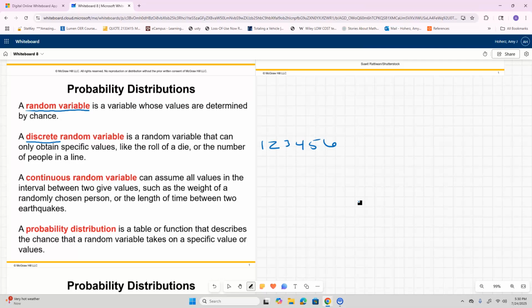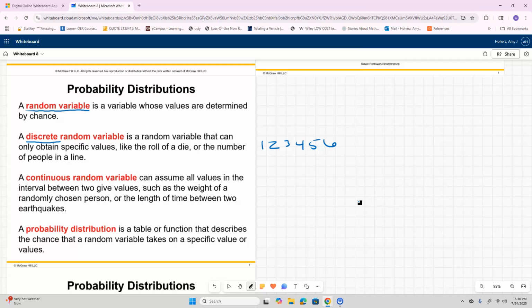It's any whole number from 1 to 6. So discrete meaning, as we talked about in Chapter 1, like a counting number. Again, with the probability distributions, it doesn't necessarily have to be a counting number, but you still have to be able to specify that it can be these very specific values.